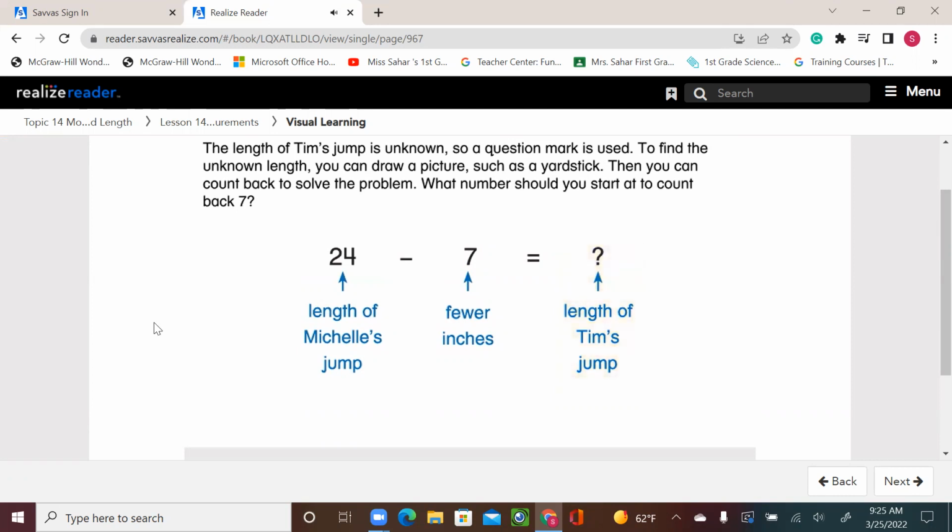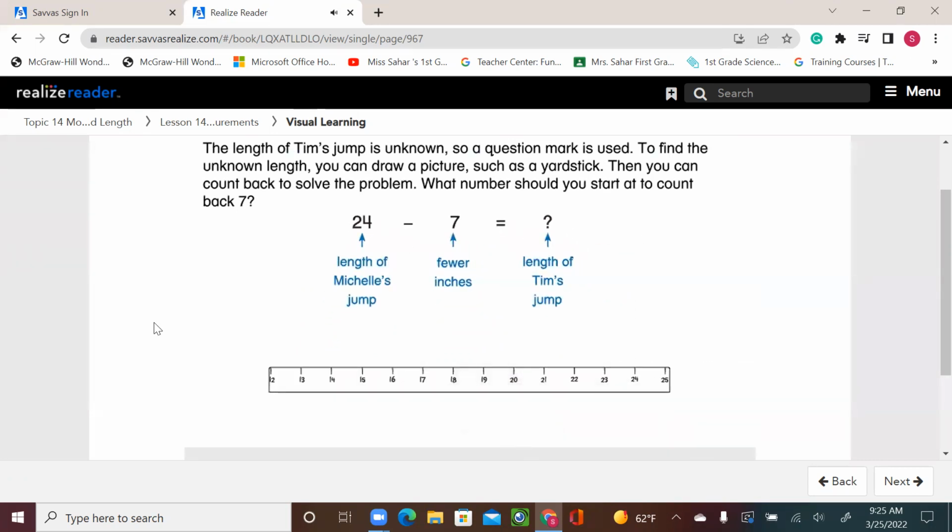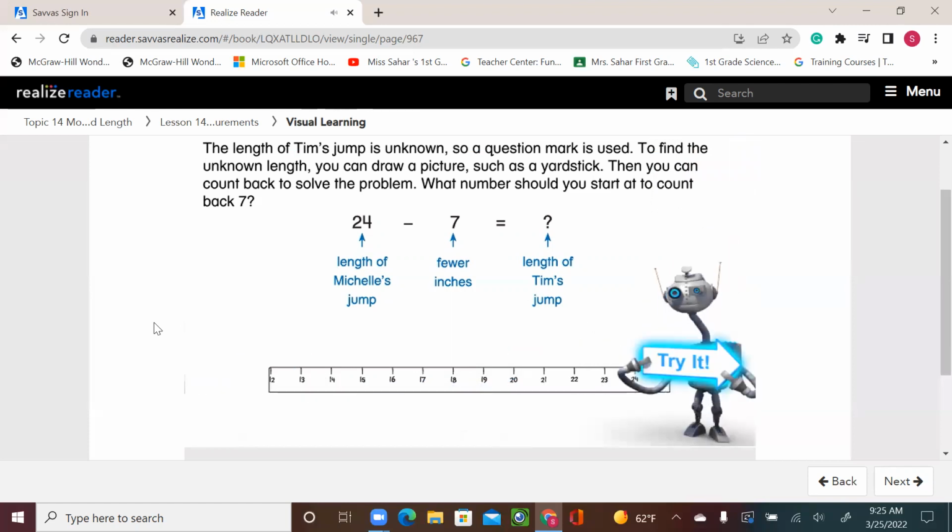To find the unknown length, you can draw a picture, such as a yardstick. Then you can count back to solve the problem. What number should you start at to count back 7? All right, so now we know that we have the length of Michelle. We know that Tim jumped 7 fewer inches than Michelle.